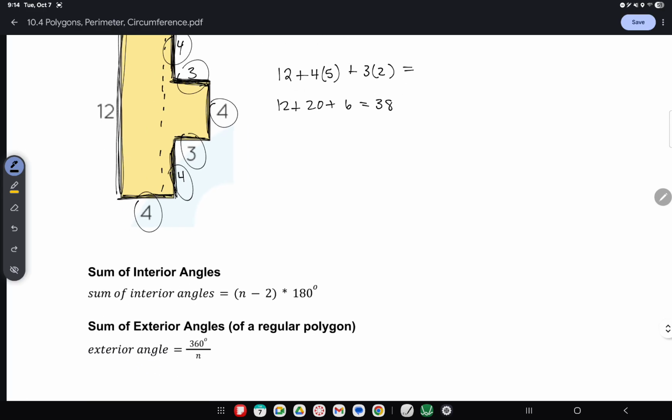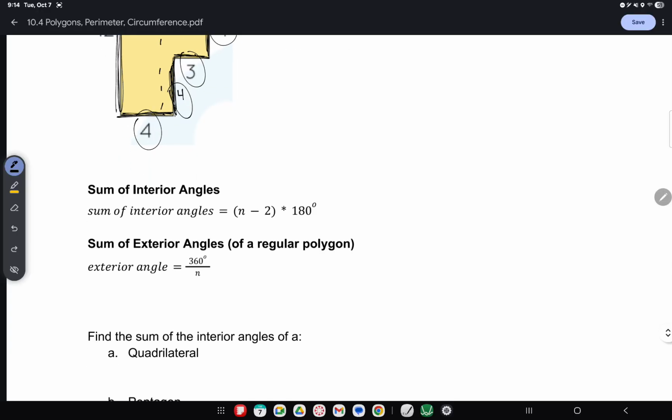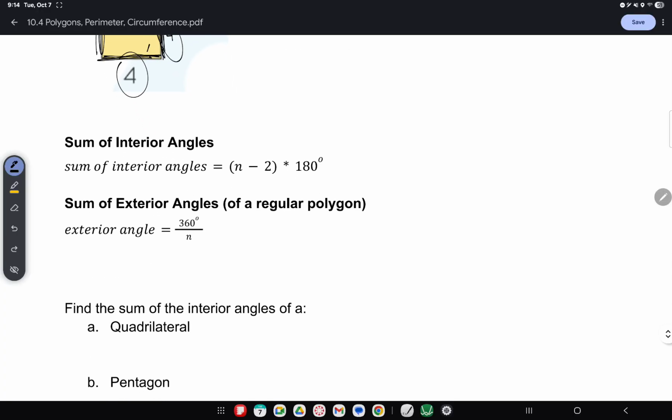All right, one thing we haven't talked about is the interior angle sums and the exterior angles. So we talked about before the triangles and that the sum inside a triangle is 180. So this is a nice little formula to tell us what the interior angles are.